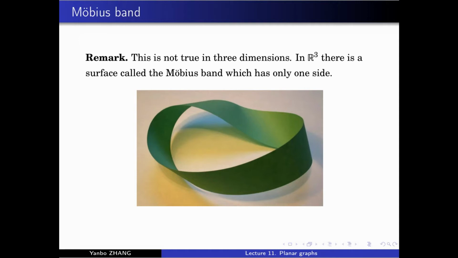In R3, there is a surface called the Mobius band, which has only one side. A closed polygonal curve cannot partition the Mobius band into two faces. If you are interested in Mobius band, you can Google it yourself.